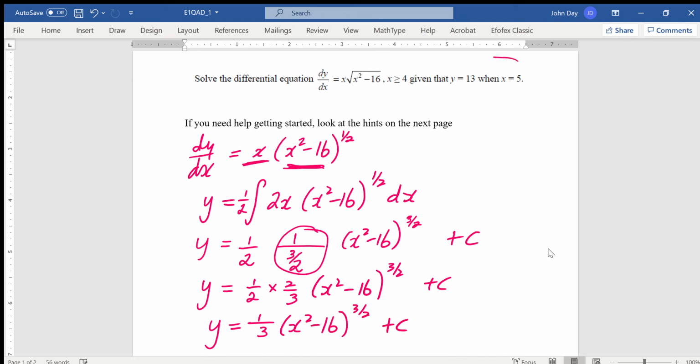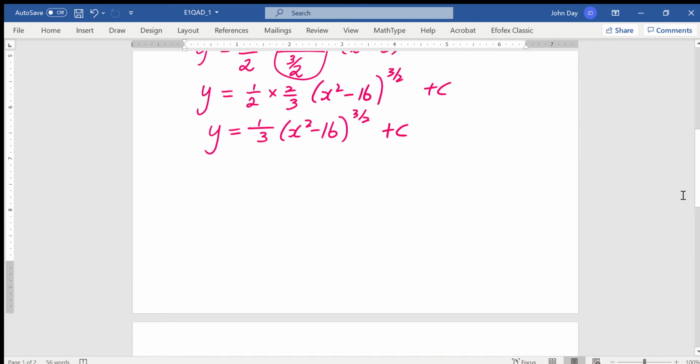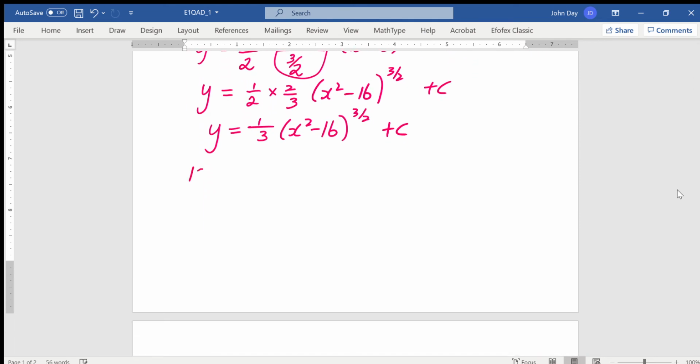Now they give us some values to substitute in: when x is 5, y is 13. So let's substitute those in. 13 equals 1/3 (5 squared minus 16) to the 3 on 2 plus c.